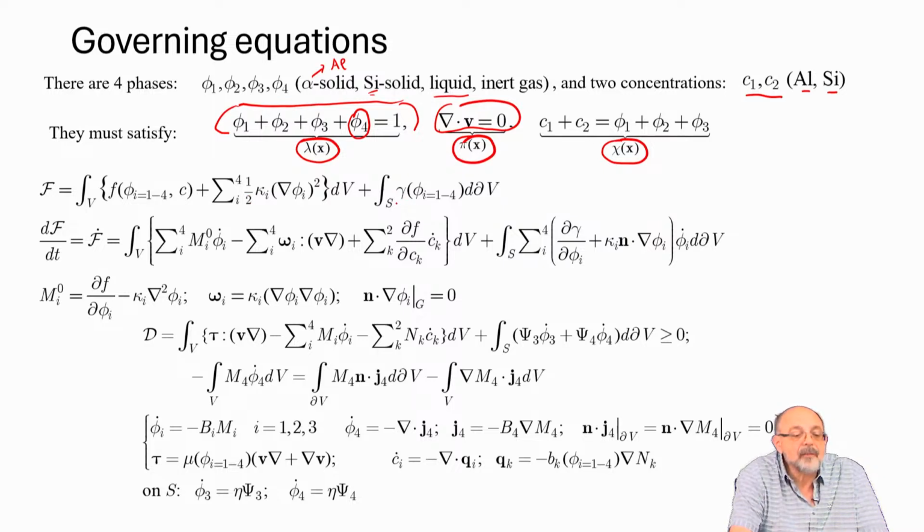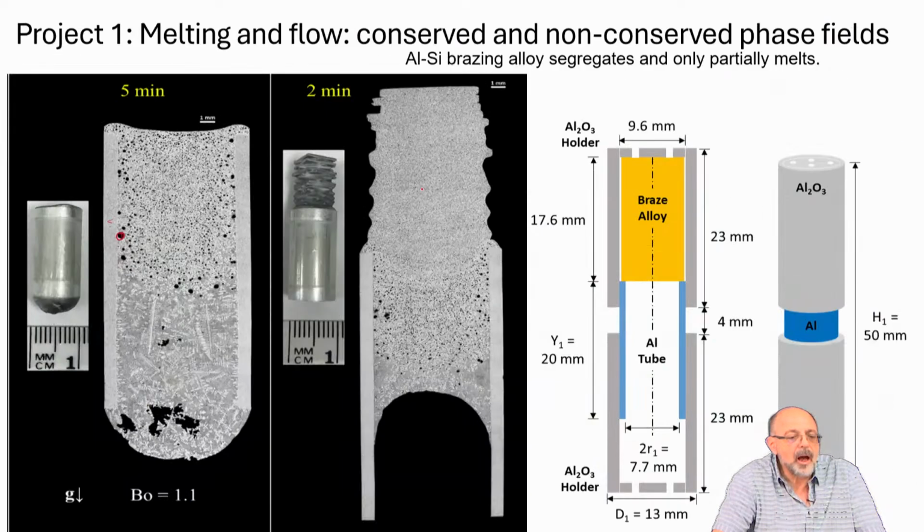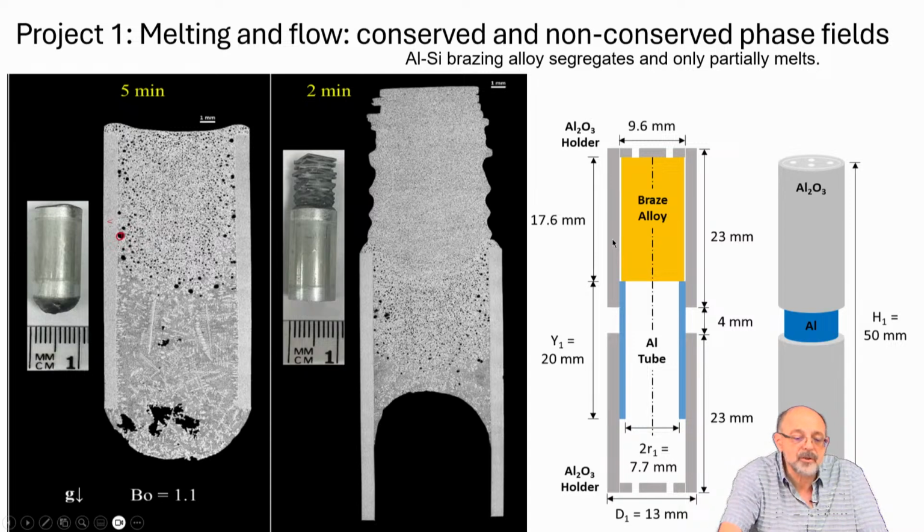And I have interface energy with the solid, which depends on phi. By solid I mean the boundary solid, which in this case, if you recall, was the aluminum tube here and aluminum oxide up here. So this is the oxide and this is the aluminum tube, this blue one.